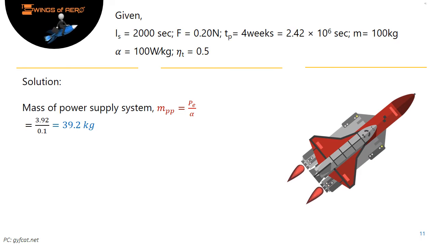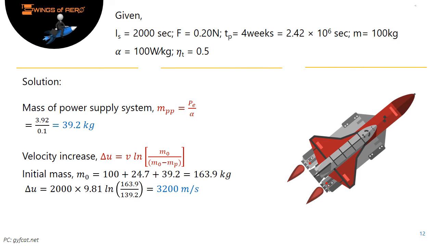Then we can write the mass of power plant m suffix pp is equal to p suffix e divided by alpha, where p suffix E is the electrical power and alpha is the specific power. Now divide electric power with the specific power. We get the required mass of the power plant is 39.2 kilogram.